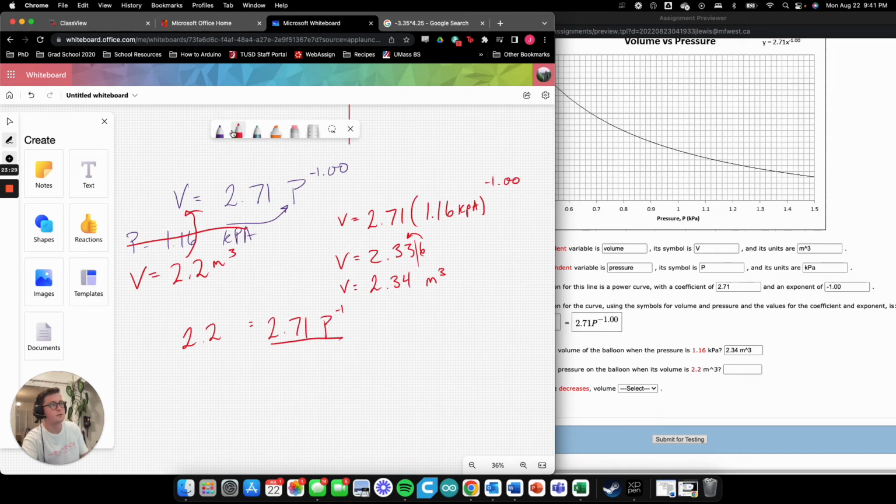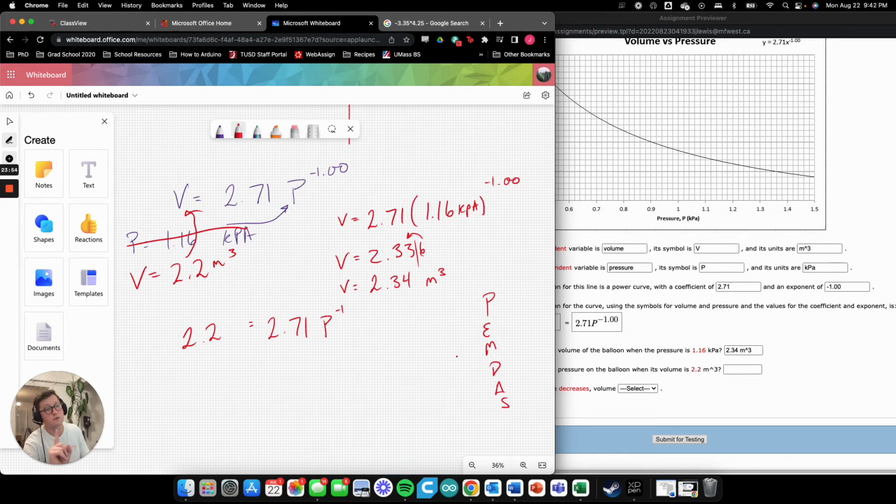In algebra, when you're solving a formula like this, have you ever heard of please excuse my dear Aunt Sally? PEMDAS: parentheses, exponent, multiply, divide, add, subtract.